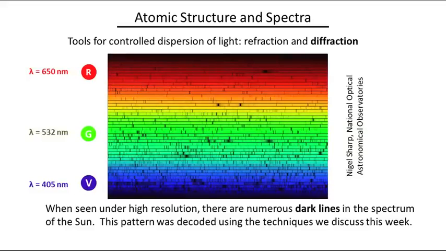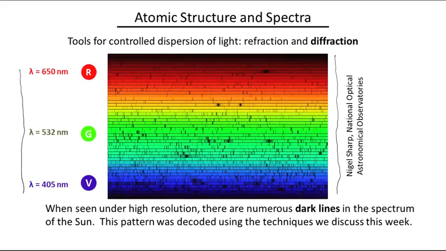And here is a modern study of the spectrum of the sun. The rainbow has been spread out here and stretched so that you can see very narrow regions of wavelength where there are dark spots in the structure of the sun.